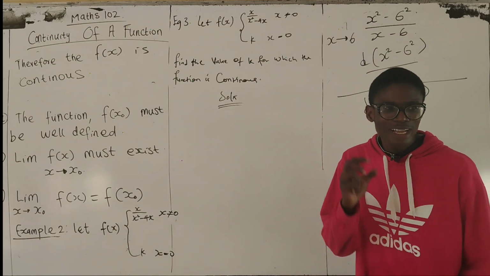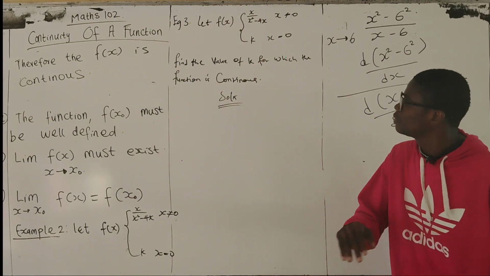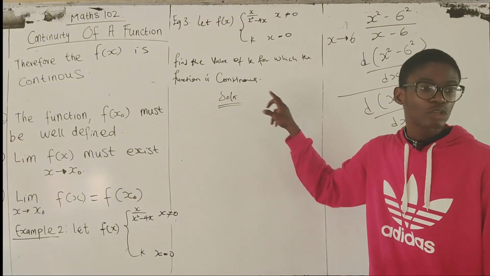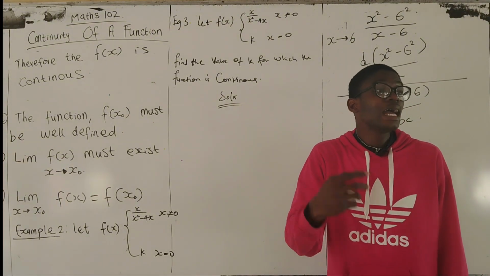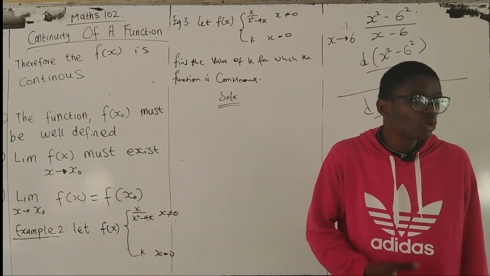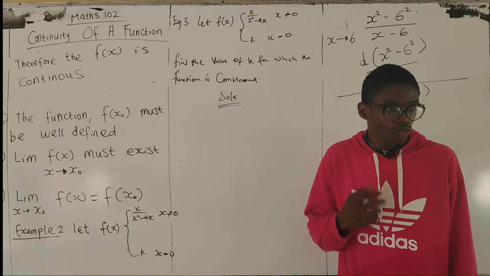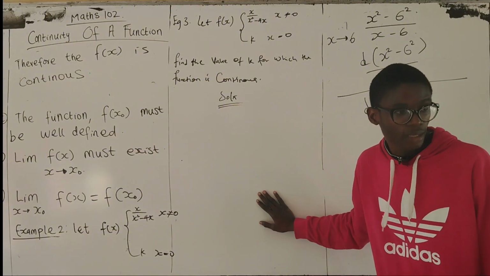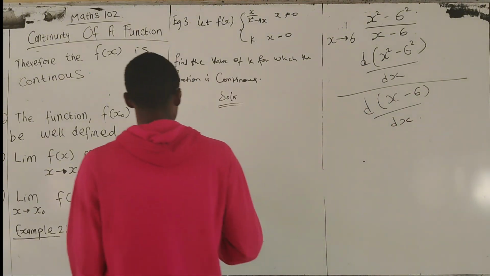But this kind now, look at the scope. They said that you should find k for which the function is continuous. So what does it tell you? They already know that it's continuous. So what they're asking you to find is now the value of k.